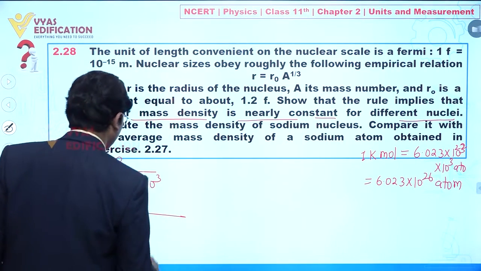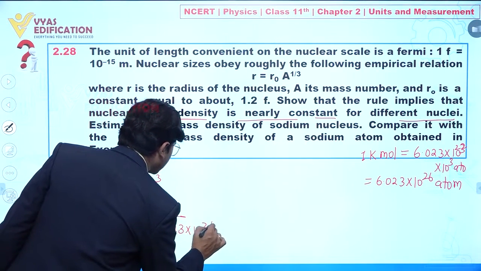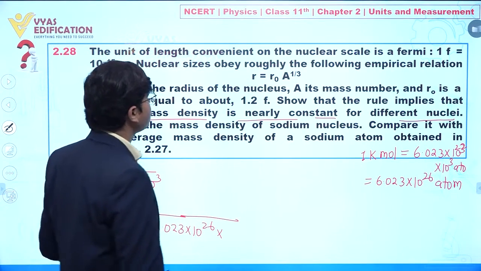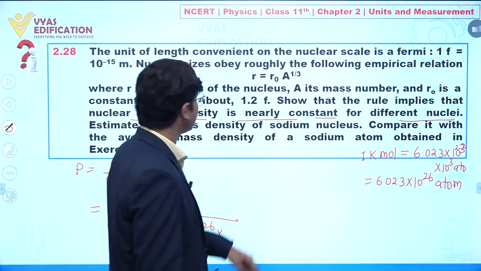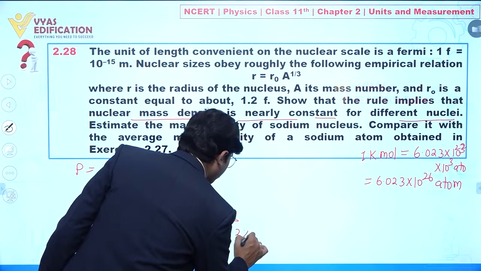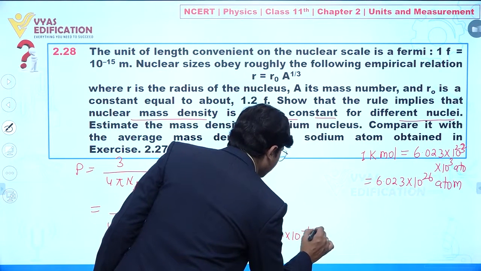Because we are talking about 1 kilomole, it is 6.023 into 10 to the power 26, multiply R naught cube. R naught value is given as 1.2 Fermi, and 1 Fermi equals 10 to the power minus 15 meter. So 1.2 into 1.2 into 1.2 into 10 to the power minus 45.